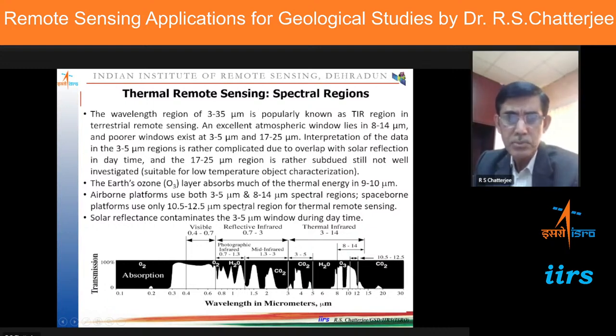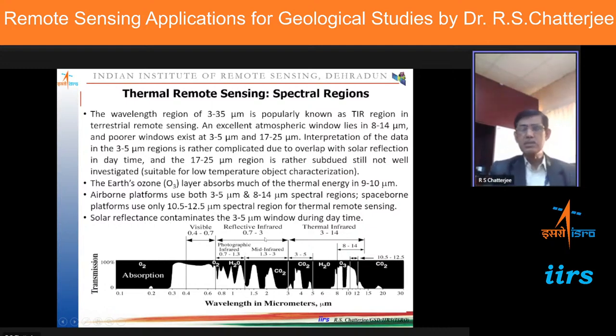Now you see this 8 to 14 micrometer thermal region is very popularly used for thermal sensing of the geological materials. But 3 to 5 is also used. Both 3 to 5 and 8 to 14 are used by airborne platforms, whereas 8 to 14, more precisely the 10.5 to 12.5 micrometer spectral region, is used by spaceborne platforms.